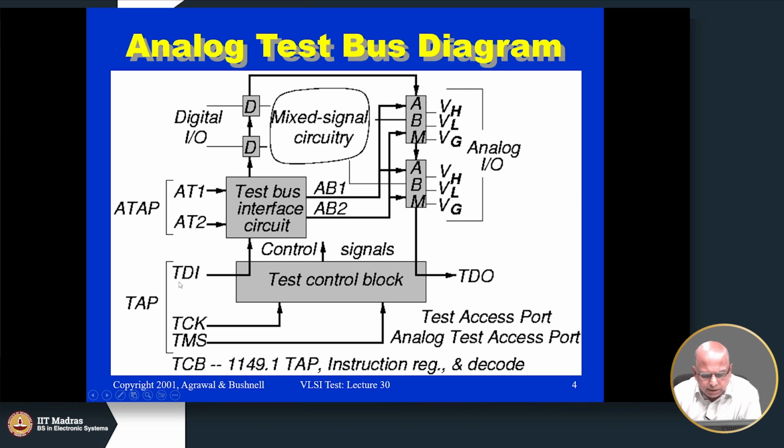So normally TDI, TDO, TCK and TMS are part of the digital testing, but here they have added AB1 and AB2. And these wires can go and directly access the analog modules.